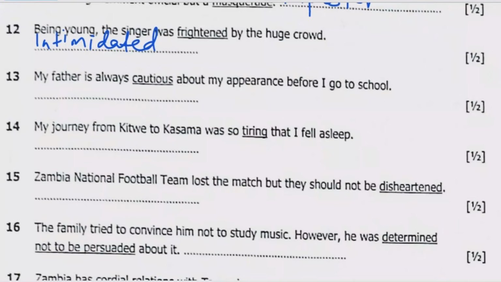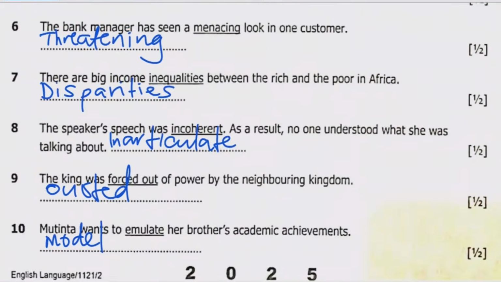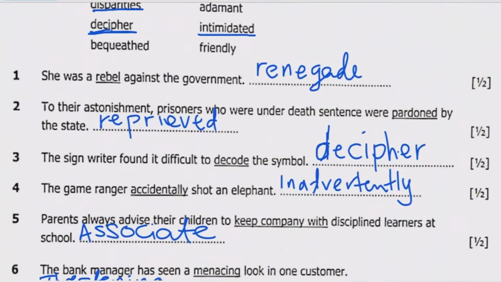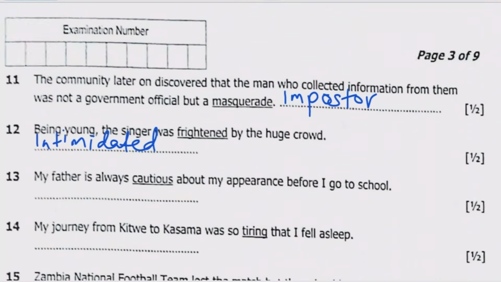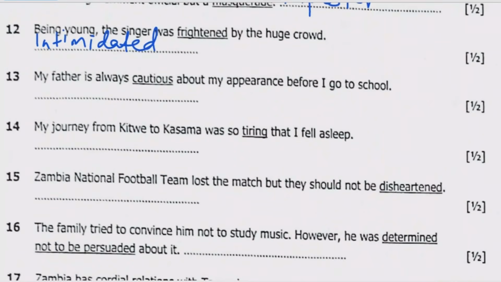So the word we found is meticulous. Okay, so we're going to write meticulous. So meticulous is being conscious. Now what is being conscious? It is to take note of how you are dressed.